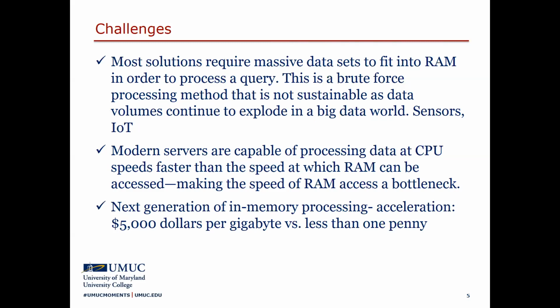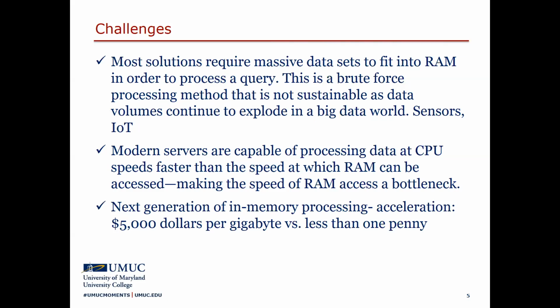Fortunately, the technology today is advancing in such a way that we have technology capable of processing data at the CPU speed, which is faster than accessing RAM, because accessing RAM is still a bottleneck in the computer architecture.